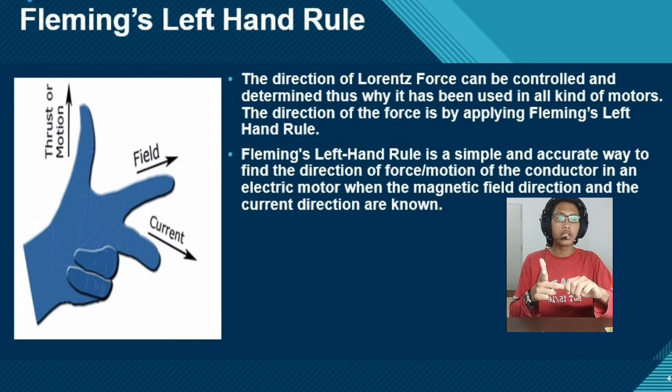The forefinger represents the direction of the field, the second finger represents the current, and the thumb represents the thrust and motion. Fleming's left-hand rule is a simple and accurate way to find the direction of force on the conductor in the electric motor when the magnetic field direction and the current direction are known.